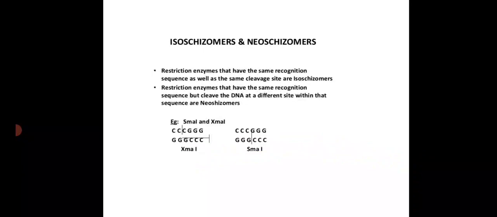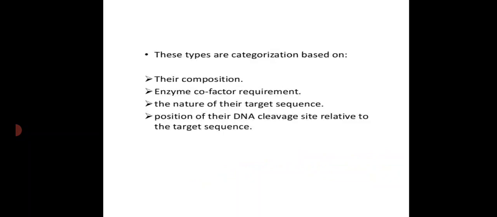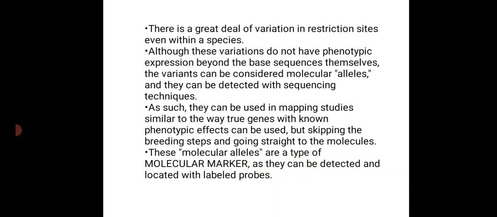Okay, so this is the difference between the isoschizomers and the neoschizomers. These types are categorized based on their composition, enzyme cofactor requirement, the nature of their target sequences, and the position of their DNA cleavage site relative to the target sequence.